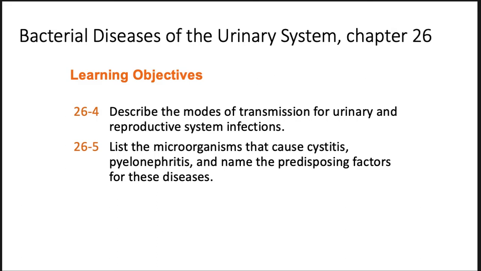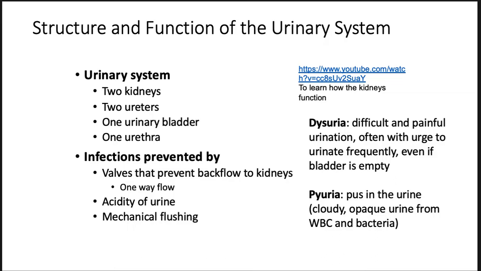Okay, the urinary system. You know that the urinary system contains 2 kidneys, a ureter from each kidney that goes to the urinary bladder, and then 1 urethra from the bladder to outside the body, and that's the urinary tract.